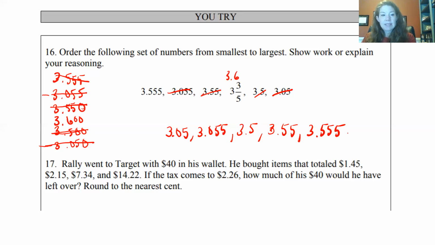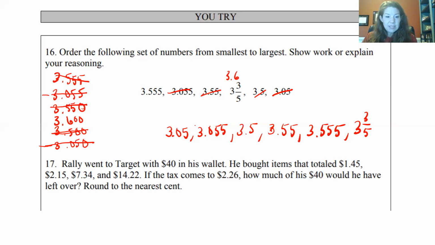And then we finally made it to our biggest number, 3 3/5, which is 3.6. If you notice, even though this one has almost the least number of digits, and these two match, this one's actually the biggest because it's not about how many digits they have. It's about place value. For decimals, it's about place value.